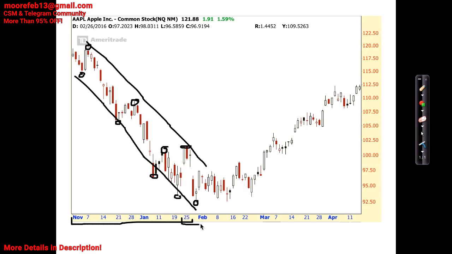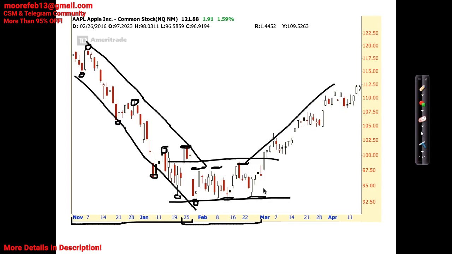And in February, the price was pretty much going sideways. It was in what we call a consolidation pattern, where the price was making the same highs and same lows. It was moving sideways, directionless. And in March, you can see that it started a new uptrend. Again, how do you know?